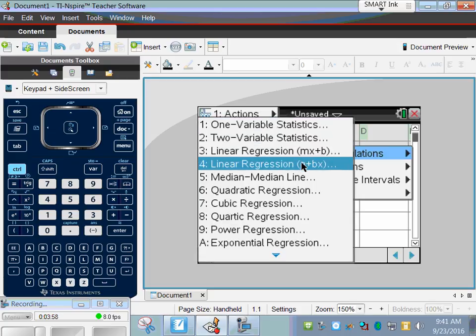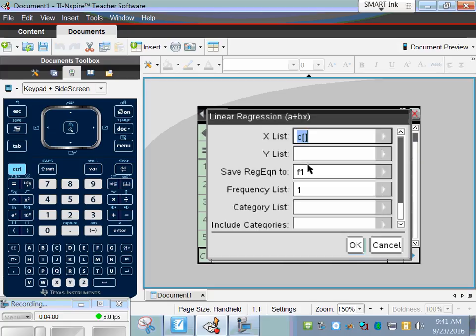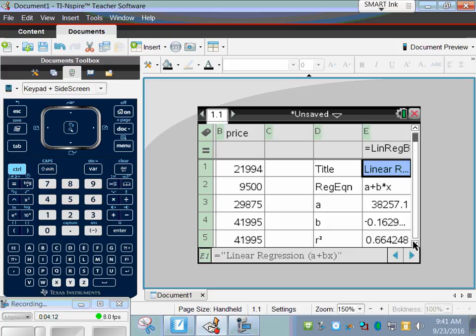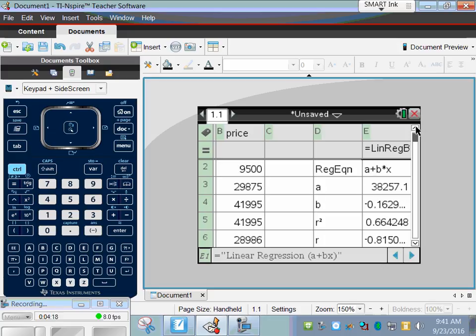These are the same, okay, but let's use the statistics one. Then you have to enter which one's your x and which one's your y. So we've got your miles driven and your y, your price. Press OK. All right, so this gives us our a, our b, our r squared, and our r, which we'll use. So another place to do it, which you should do.